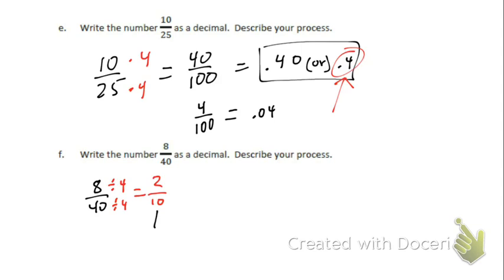Yeah, right. So that means your decimal should only have one number after the decimal, because it's in the tens place. And that number is just going to be 2. So your decimal for this one should just be 0.2.